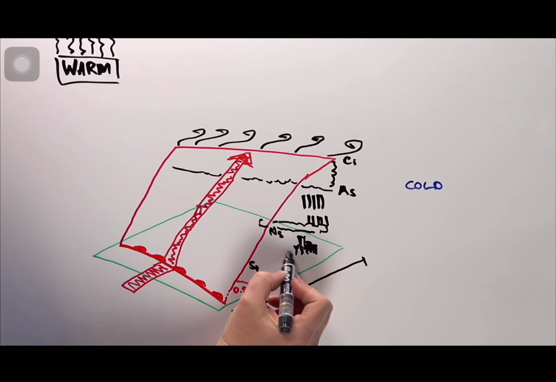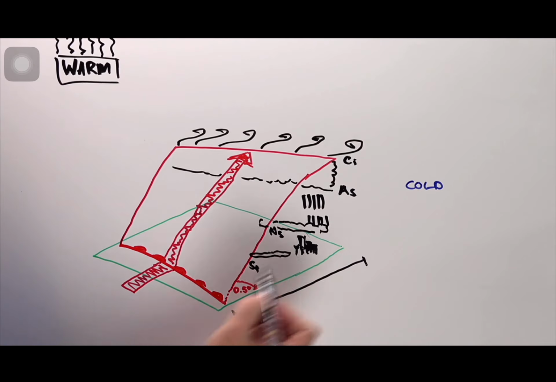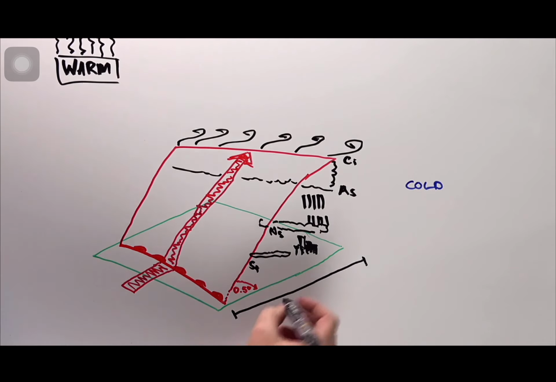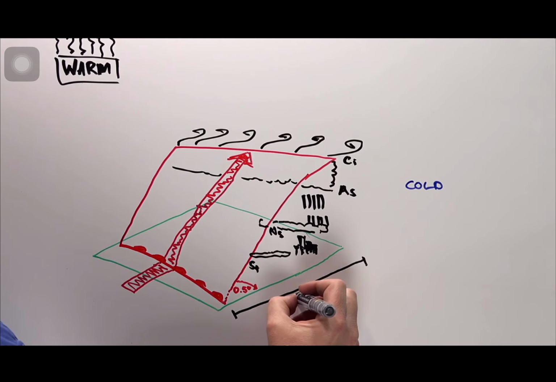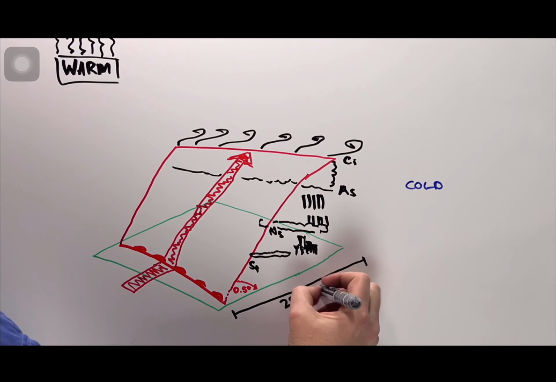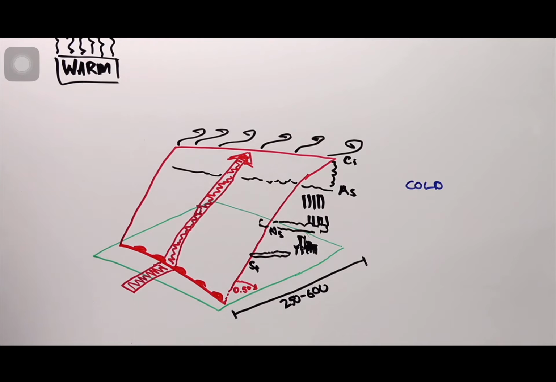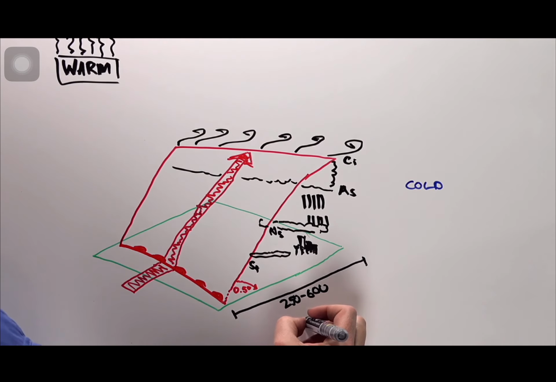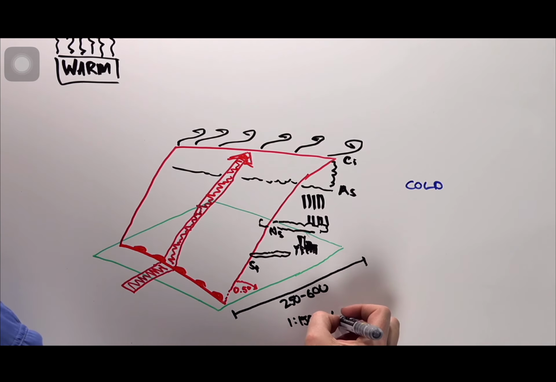And then eventually, a very low layer of cloud right in there. This distance here can sometimes be as great as 600 miles, but I'm going to put 250 to 600 miles. In terms of the slope, typical slopes for a warm front are 1 to 150 to 1 to 250.